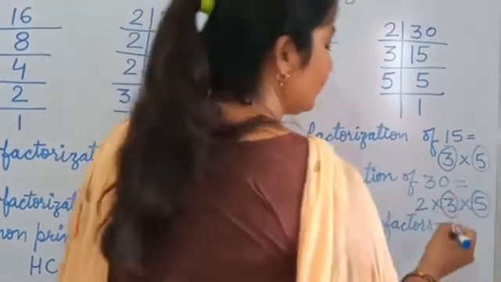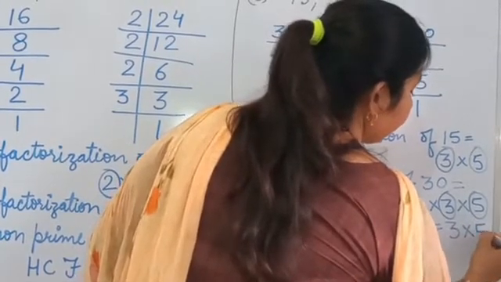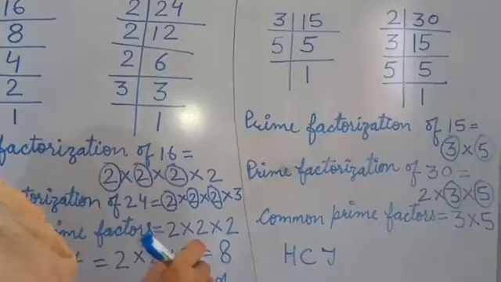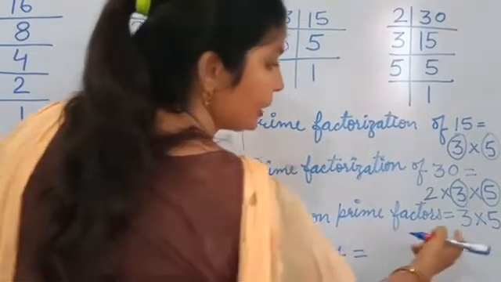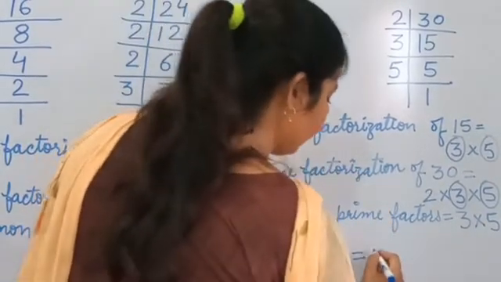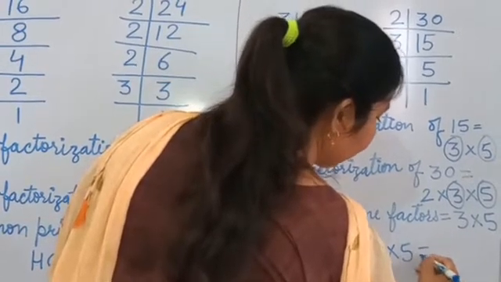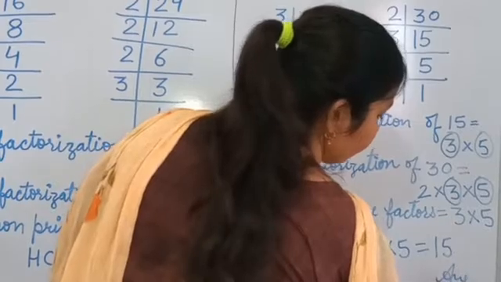So 3 into 5 are common. 3 multiplied by 5. These are the commons. Okay. So now we find HCF. So HCF is what? 3 multiplied by 5. 3 5s are 15. So that's your answer.